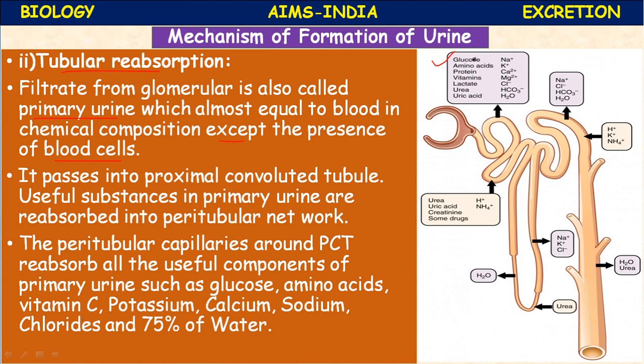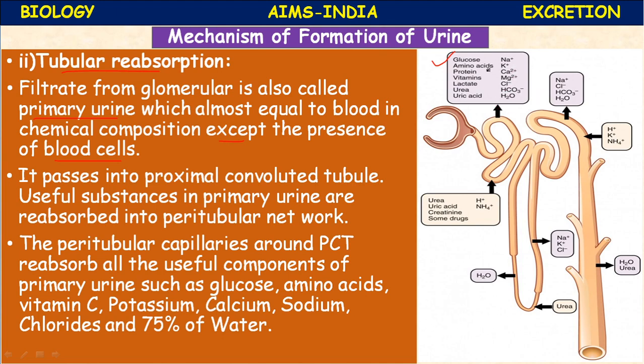Here glucose and sodium Na+, amino acids, proteins, vitamins, lactate, urea, uric acid. Out of these, glucose is reabsorbed, some amino acids are reabsorbed, some proteins are reabsorbed, and vitamin C is reabsorbed. Lactate, lactic acid, is an unwanted substance only.